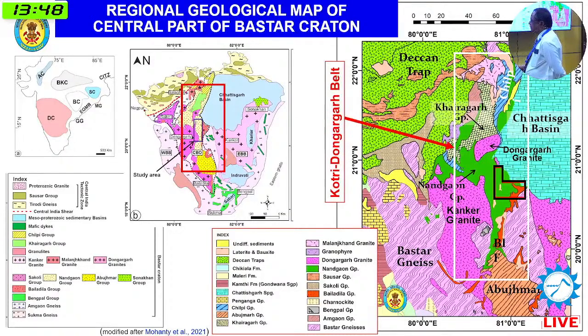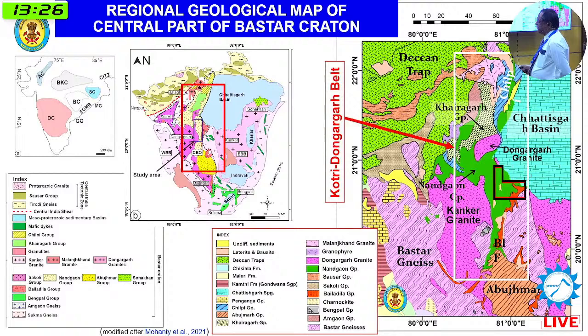Then there are Bastar gneisses of different ages, Paleo to Mesoarchean, in the western and eastern sides. You can see a very linear green belt occupied by volcanic rocks, and these are bimodal volcanic rocks: basalts as well as rhyolites, felsic and mafic volcanics.